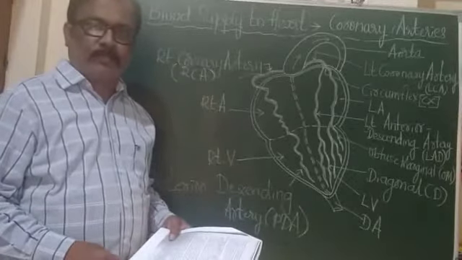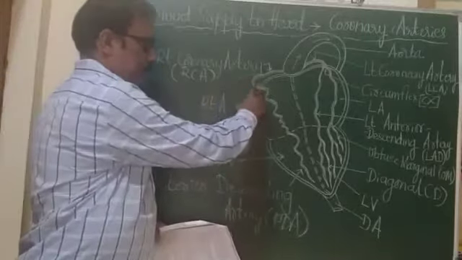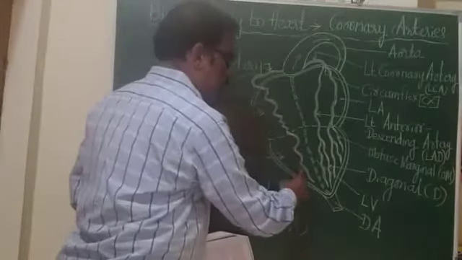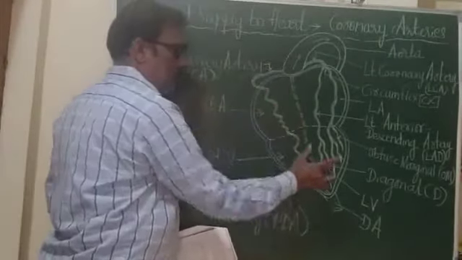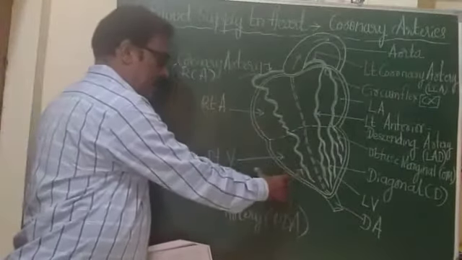And about their branches, the right coronary artery winds over the right part of the heart, that is on the right auricle and right ventricle.